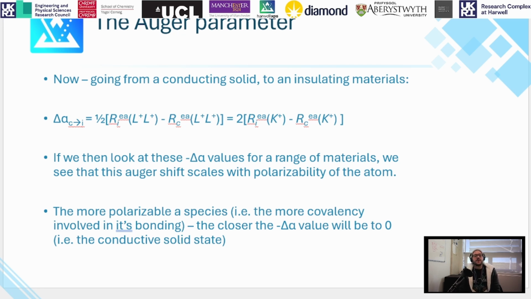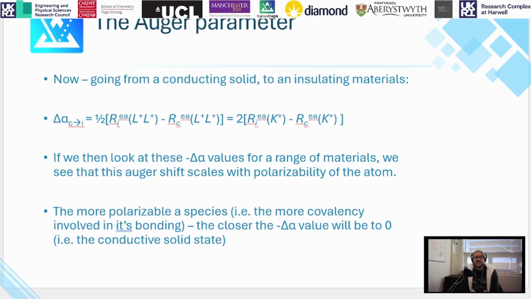So we now actually have a shift that we can measure. We can get reference data on conductive solids in the forms of metals and then compare those to our unknown materials. And we have these relationships now that we can start to maybe extract a little bit more information from.